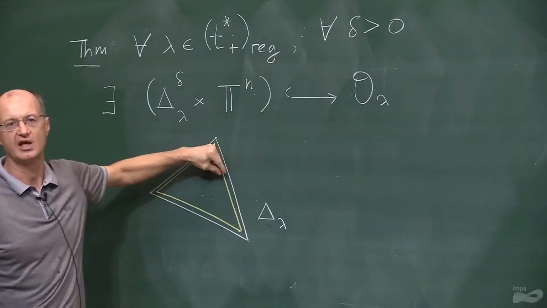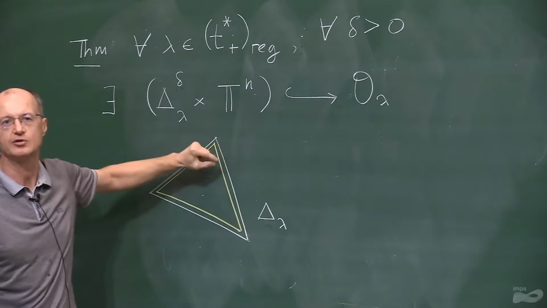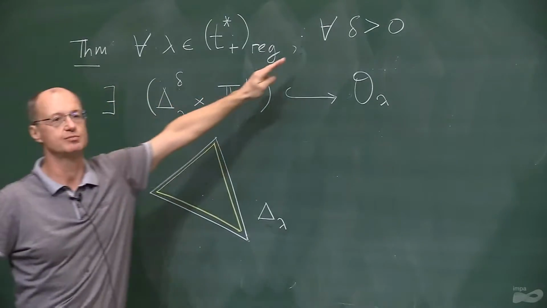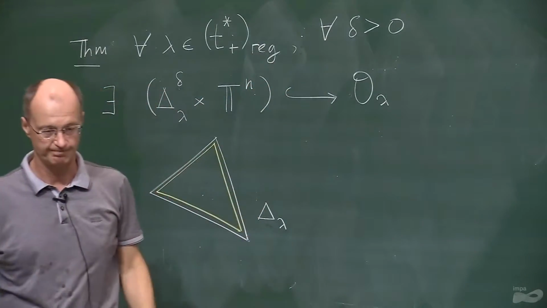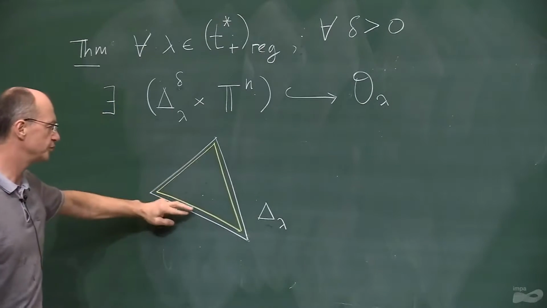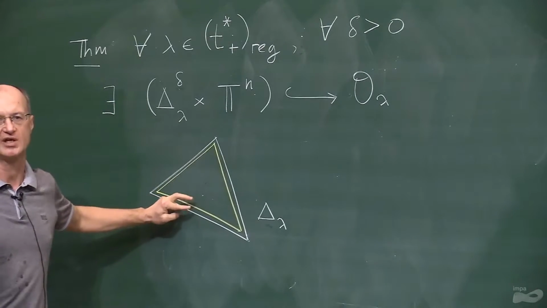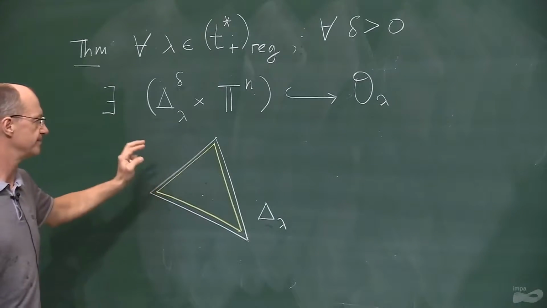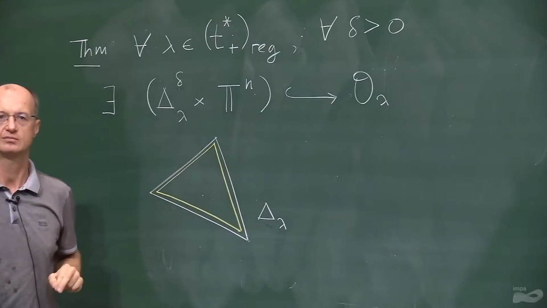And delta can be anything, arbitrarily small, an arbitrarily small positive delta. We'll come back to this story. We'll see that it would be desirable to close that gap. But at the moment, we don't quite know how to do it.